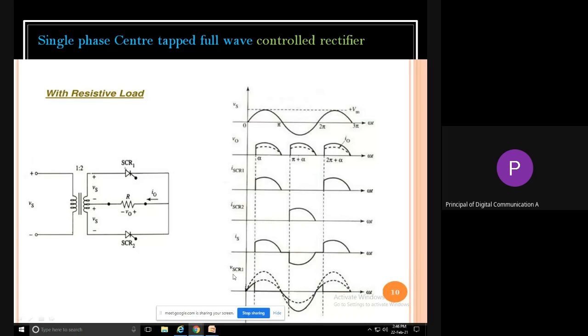VSCR1 and ISCR1 will be nearly the same. Only the difference is the current will be less, as the voltage or current drop will be there across the load. So that is ISCR1 and VSCR1, we can compare.